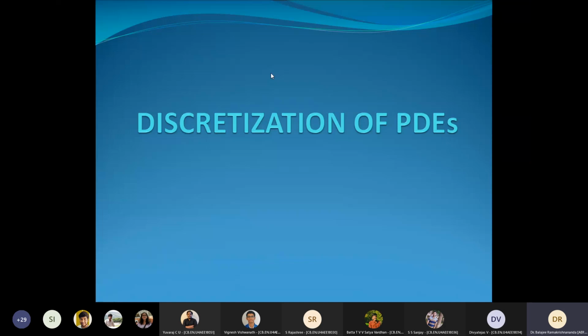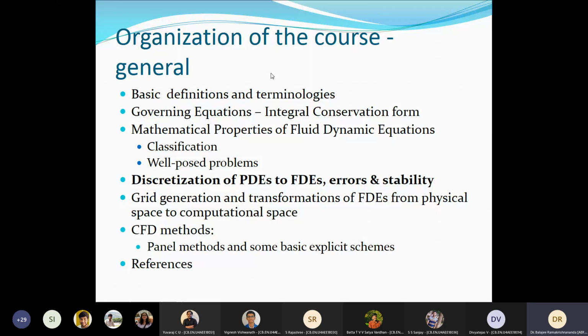So we know what the Taylor series is now. Discretization of PDEs. In this chapter, when you discretize the partial differential equations, you call them finite difference equations. Finite difference equations, not differential. It's known as FDEs.